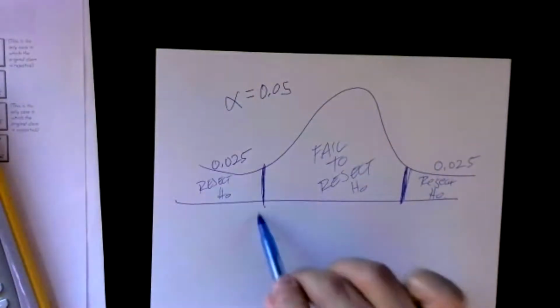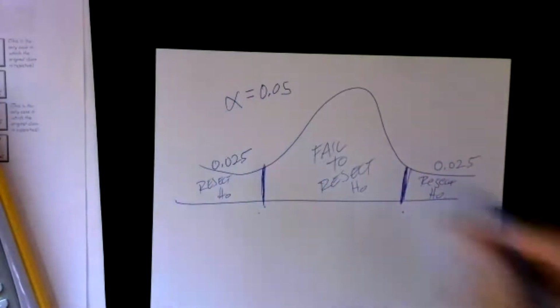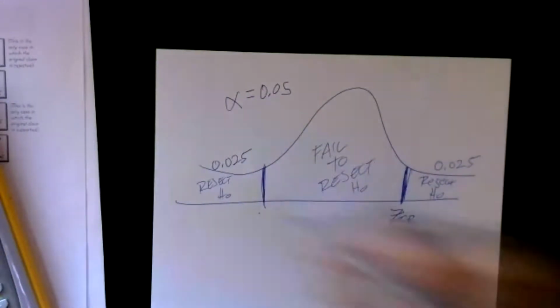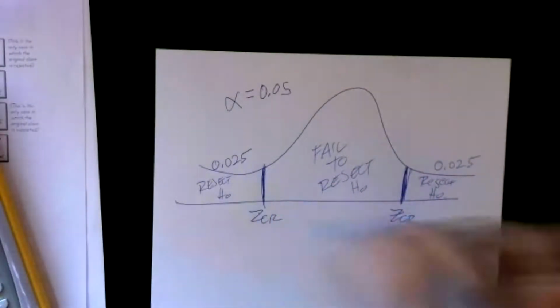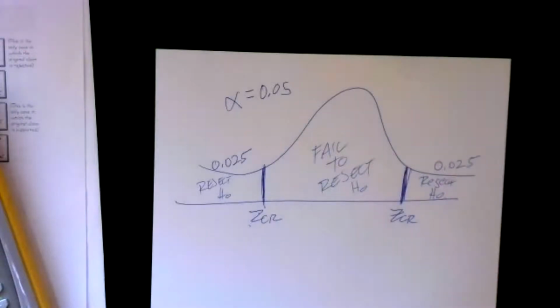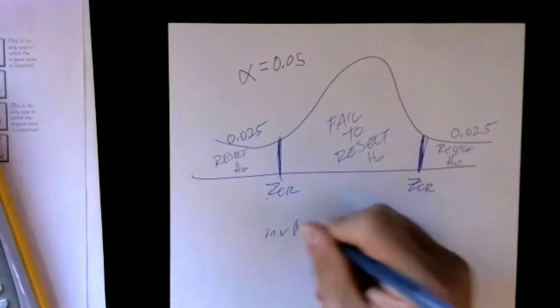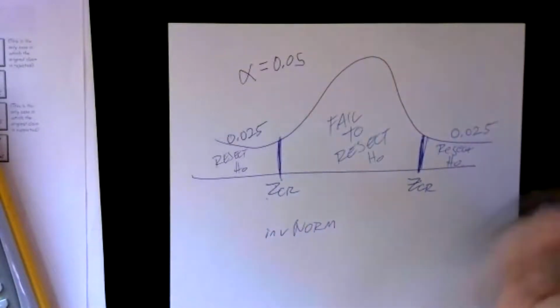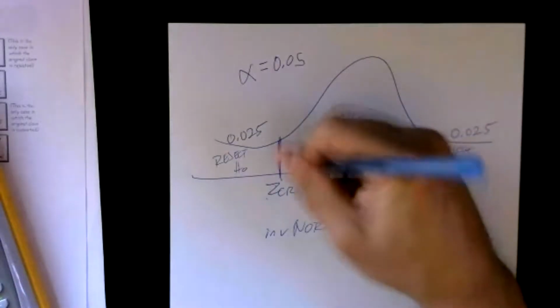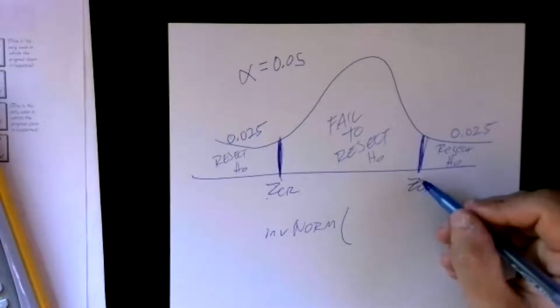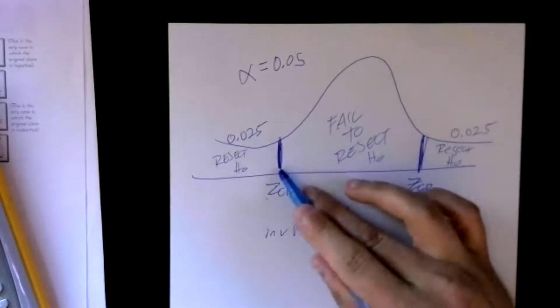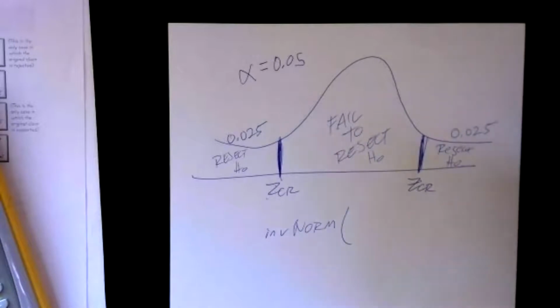Now, there are two critical values here. It's Z, and because it's symmetric, these will be the same number, but the right will be positive and the left will be negative. Now, because the inverse norm function likes the area on the left, I'm going to find this number over here on the left. You could find this one, but you'd have to add the area to the left and do 1 minus in order to get the total area to the left.